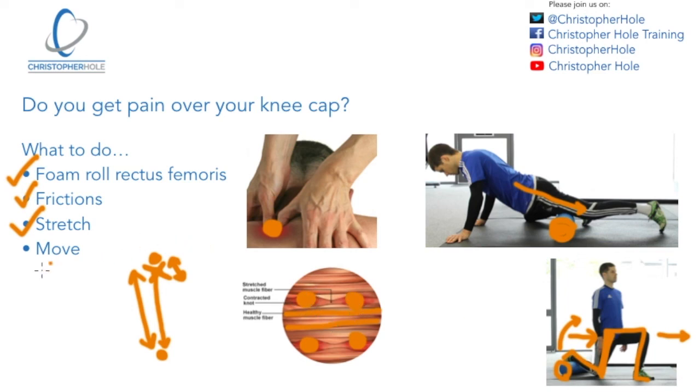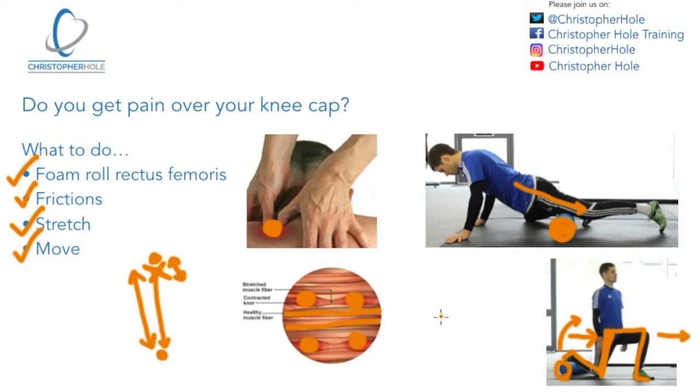Now, the last thing that we need to do is then move it. How we would move it is very simple: we might just do a simple squatting exercise 10 times. We might do a lunging exercise 10 times. But the idea is just to try and move that muscle and give it some tension with the exercise.